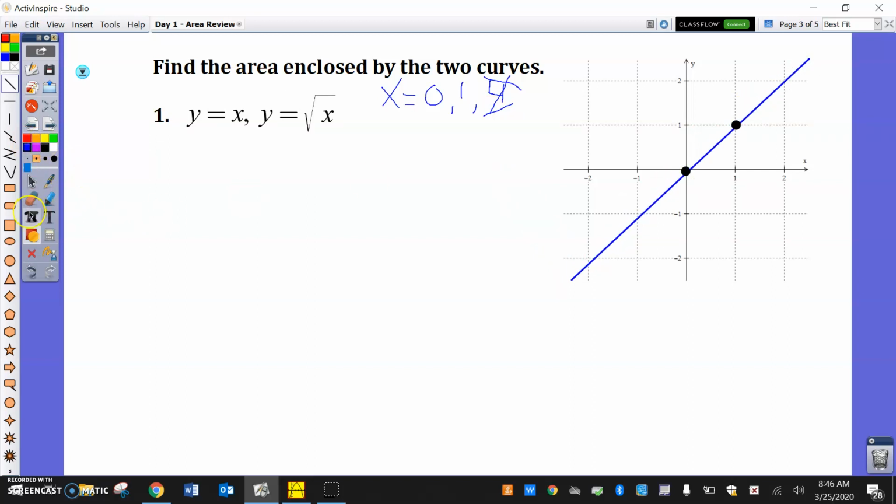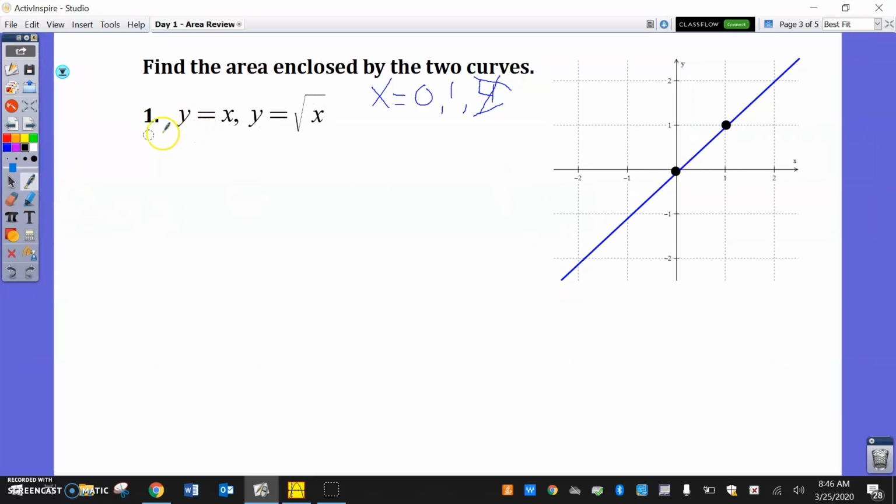That'll be the graph of y equals x, which we know is just a line. I'm going to label this as y1, and this one as y2. And then I'm going to come over here and label this y1 so that I'll remember.